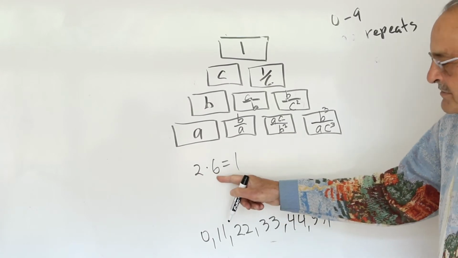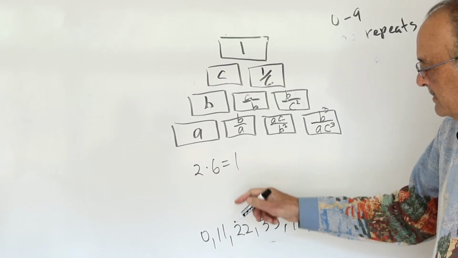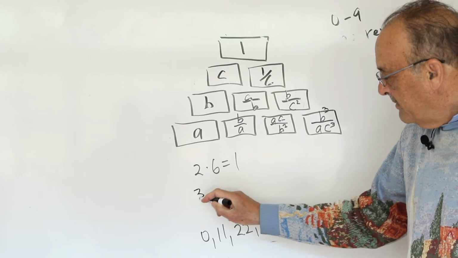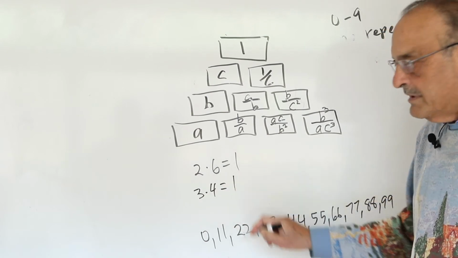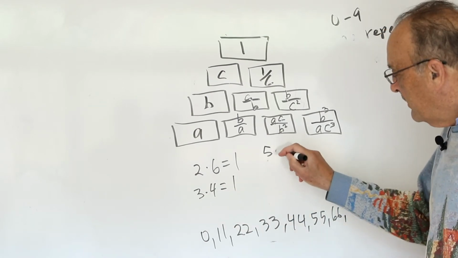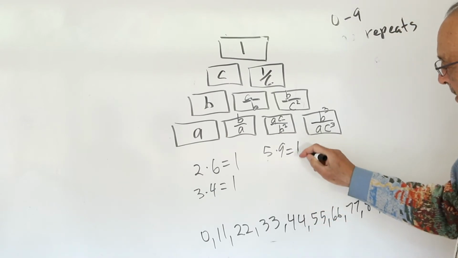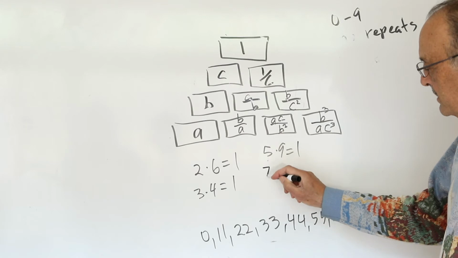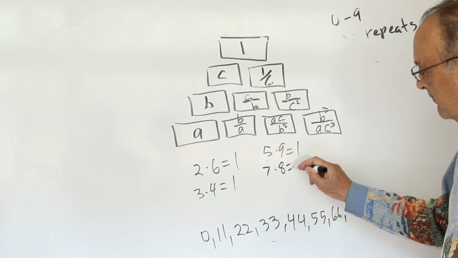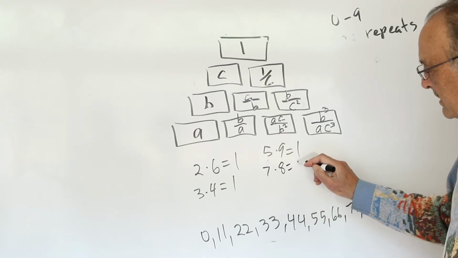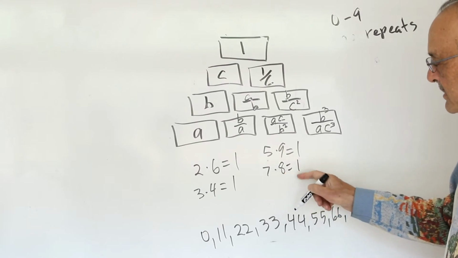So 2 times 6 is 12, take away 11 is 1. And 3 times 4 is 12, take away 11 is 1. 5 times 9 is 1 because it's 45 minus 44 is 1. And 7 times 8 is 1. Take away 55 from 56 gives you 1.